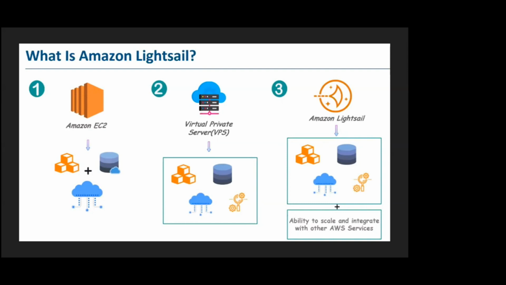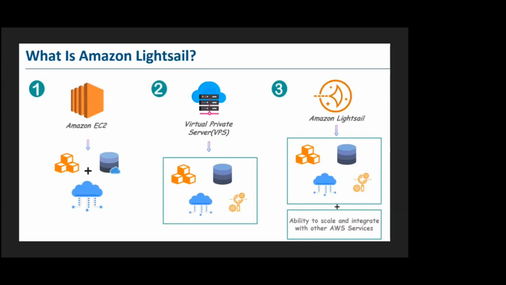So there comes LightSail. It's very similar to a virtual private server, but unlike a VPS, it provides you with an option to auto scale. So you get the simplicity of a VPS, backed up by the reliability and security of AWS. As your needs grow, you have the option to auto scale and connect other AWS services like databases and SMS, that is, text message services, if needed.